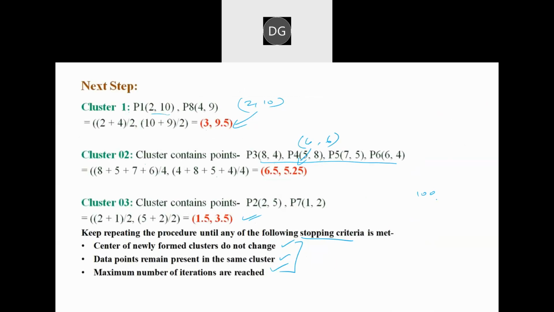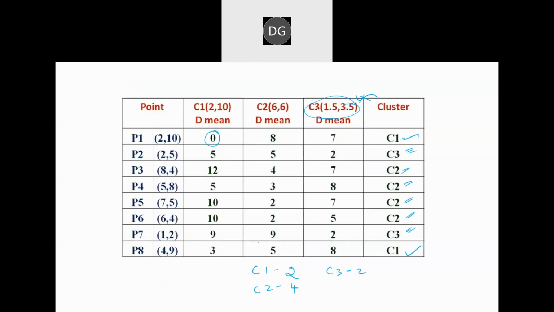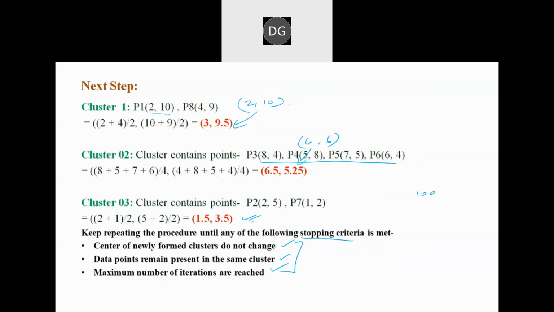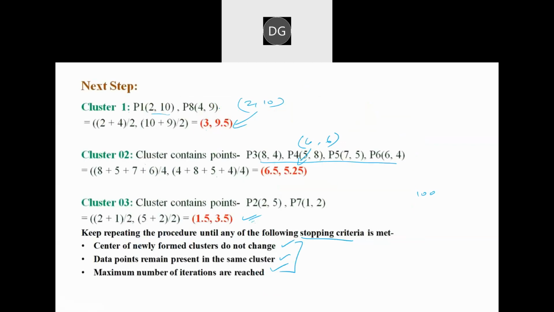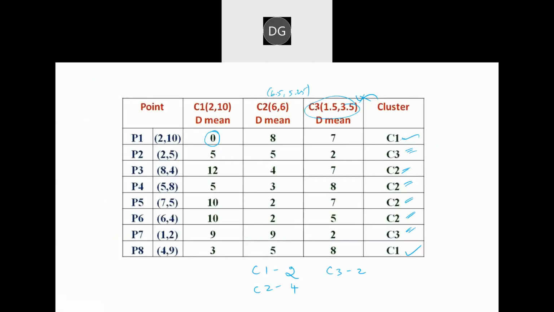Okay, I have stopped it here. Okay, we have got cluster 3 as fixed value, and for cluster 1 and 2, if you are doing the same table with new points, what is the new point we have got? 5 point, 6.5 and 5.25, and then for this remains the same, and for cluster 1, 3 comma 9.5 I have told, right?